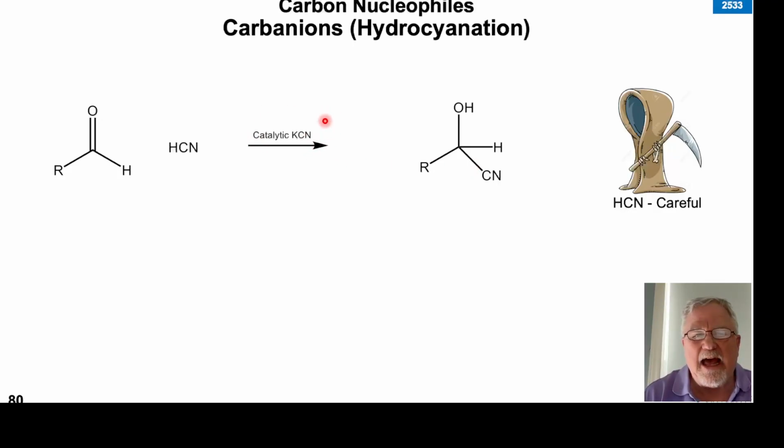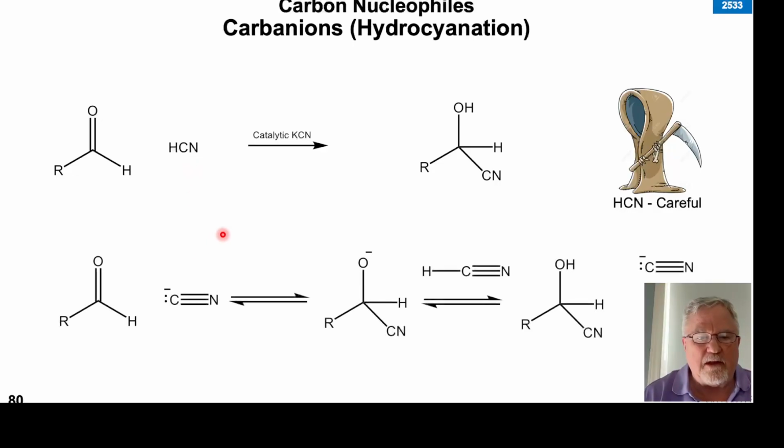Notice we have a catalytic amount of KCN there. So as it turns out, HCN is a weak acid, and if we have a little bit of cyanide to start this reaction off, the cyanide will attack the electrophilic carbon of the aldehyde.